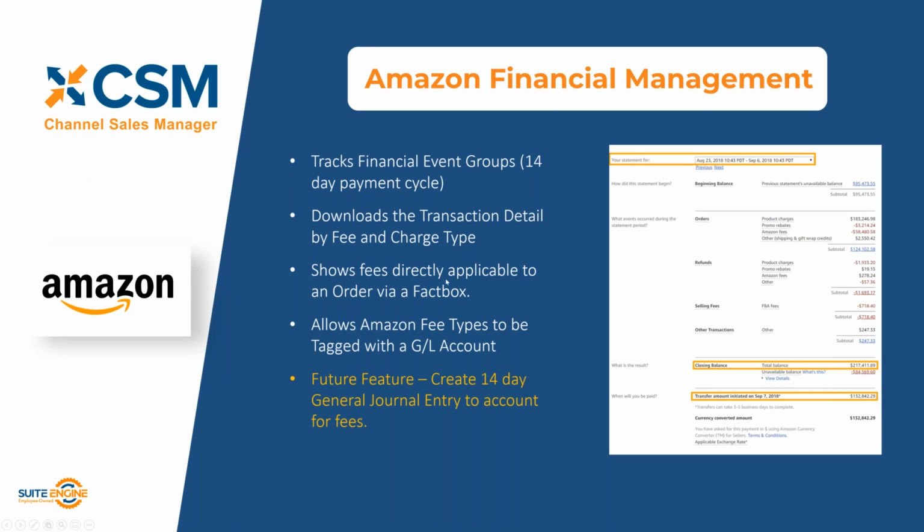We're also able to look at an order that came from Amazon and see which fees were directly applicable to that order. That way you can get a sense of what margin you were able to get on a certain order sold on Amazon.